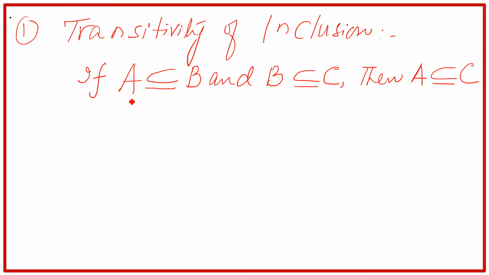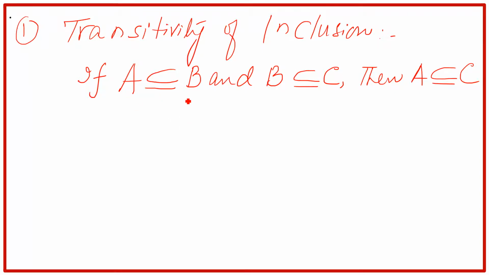If we have 3 sets, A, B, and C, and if A is a subset of B and B is a subset of C, then you have to prove that A is also a subset of C. First of all, I will explain again what the meaning of subset is, but we have discussed it in detail in the last lecture. So subset: suppose we have 2 sets A and B, or C and D, or X and Y, any 2 sets.